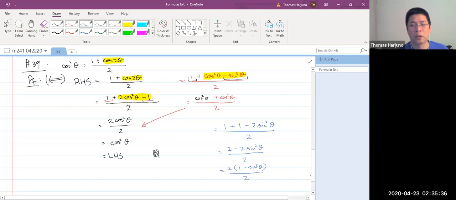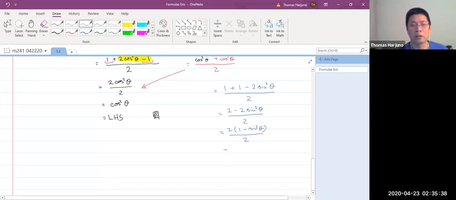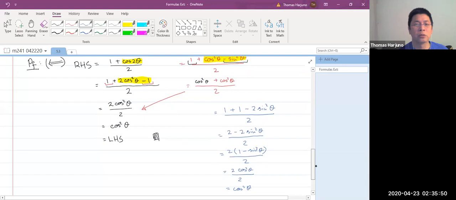And then by the Pythagorean identity, you get 2 times cosine squared theta over 2. That's cosine squared theta. So we have 3 different ways to do this.